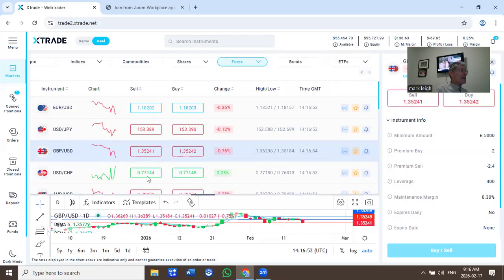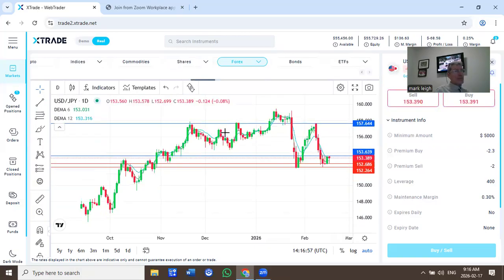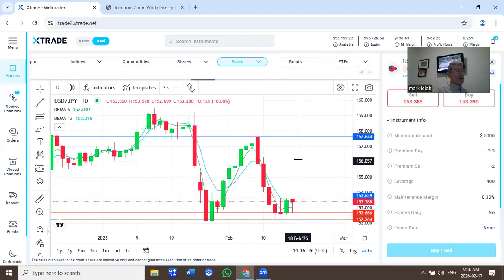US against the yen. Different picture here. Here we can see this wick left behind on this red candlestick, meaning this was a full red candlestick earlier, which would be selling US buying yen, so weak US against the yen, but US certainly fighting its way back from this support level at 152.60.